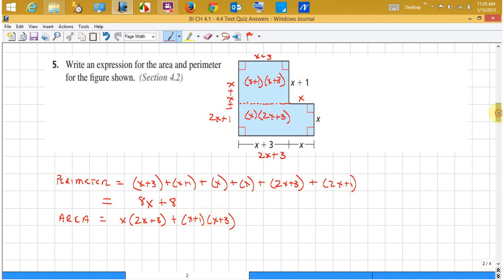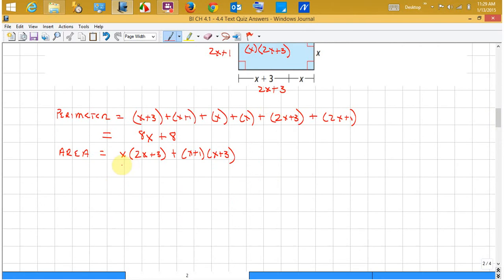So let's go ahead and work that out. This is going to be 2x squared plus 3x. Now this will be a FOIL, plus x times x is x squared, plus 3x, plus x plus 1 times 3 is 3. So let's simplify. Here's my x squared, a 2x squared and an x squared.